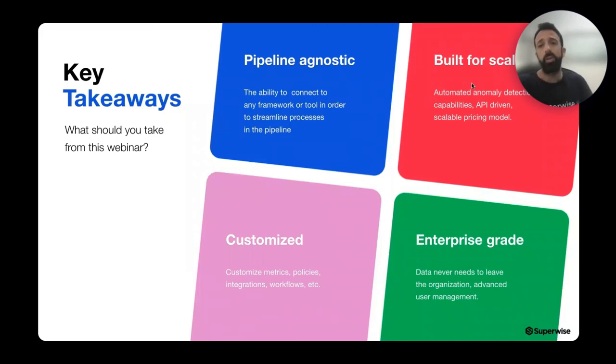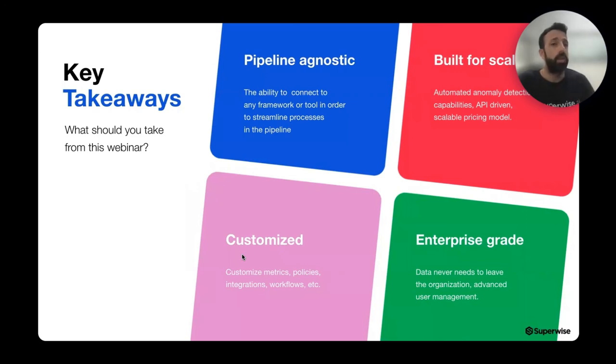Build for scale, you want to find a solution that is API driven and allows you for full automation of the full process, from connecting a version, logging in data from production, logging labels, set up monitors, and set up segments. With the ability to be as generalized as possible, you also want the ability to be as customized as possible.